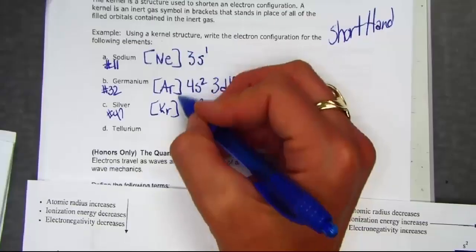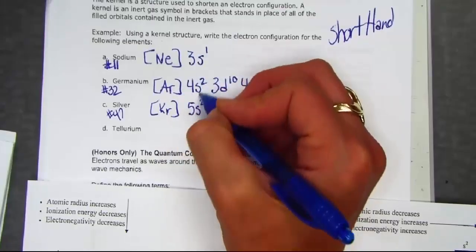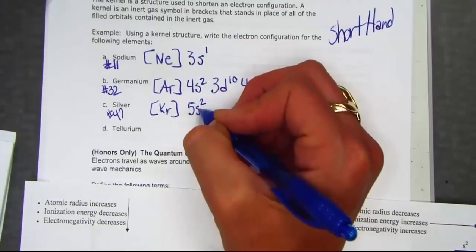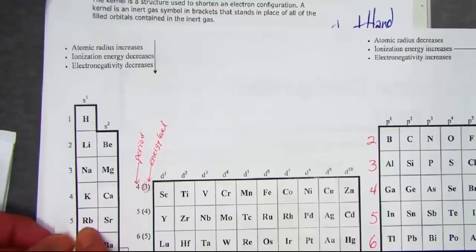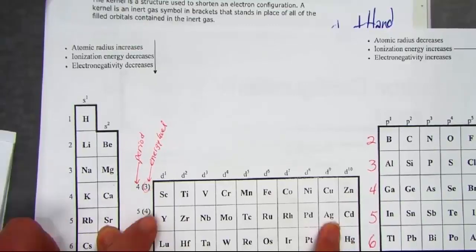Notice how after a noble gas we always start with the s sublevel of the period we go to. Krypton finished row 4, so we start with row 5, the s sublevel. We're trying to get to silver. We're in the 5th period, but the 4d sublevel begins to fill.